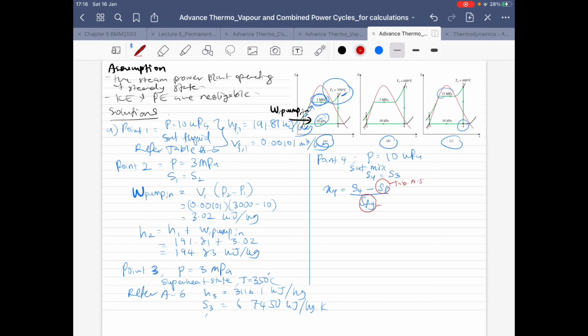SFG juga boleh ambil daripada table A5 juga. Dua-dua sama. S4 ni pula sama dengan S3. Saya tunjuk detail juga tadi ada dalam video yang pertama pasal benda ni. And then kita akan dapatlah nilainya, iaitu 6.7450 minus 0.6492 over 7.4996 equal to 0.8128.